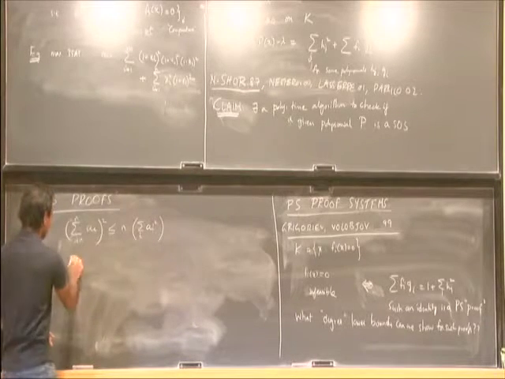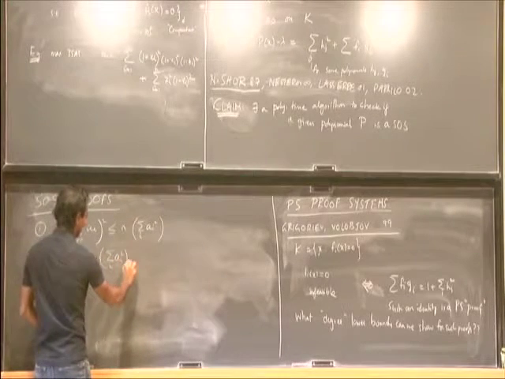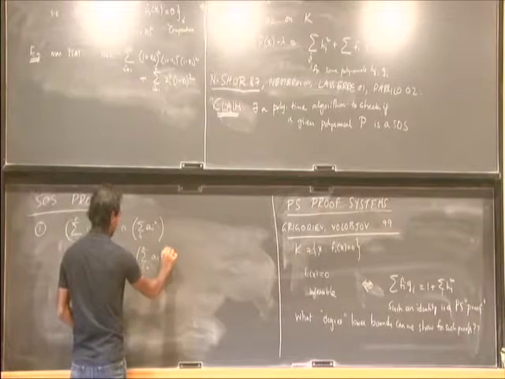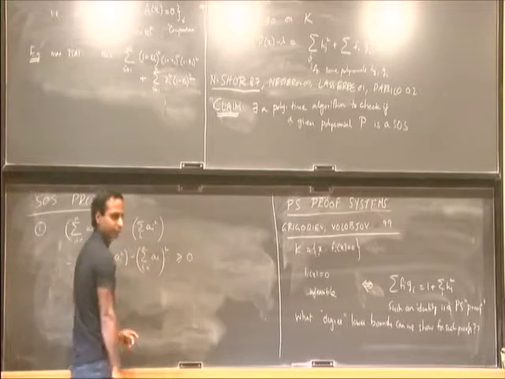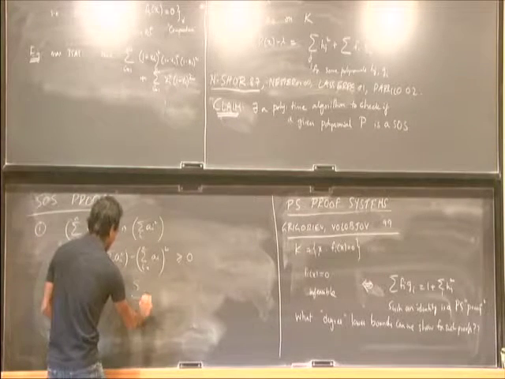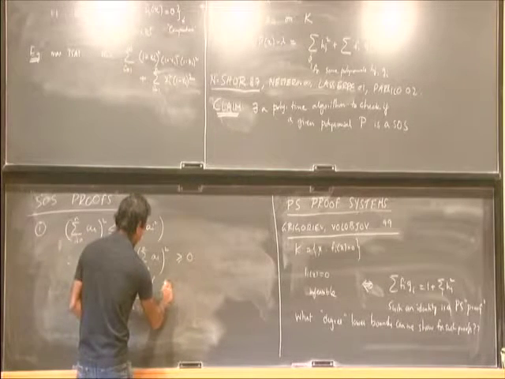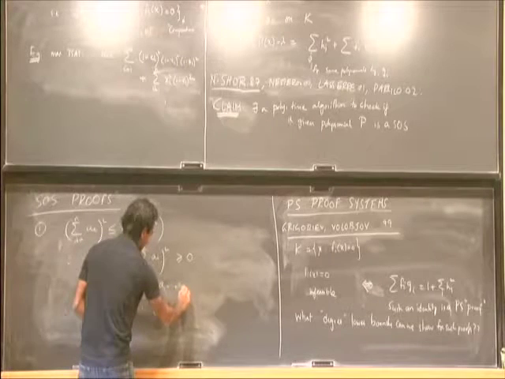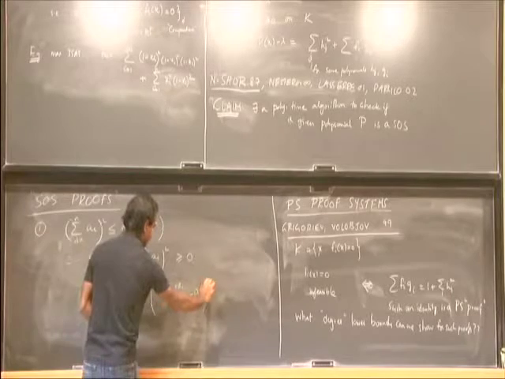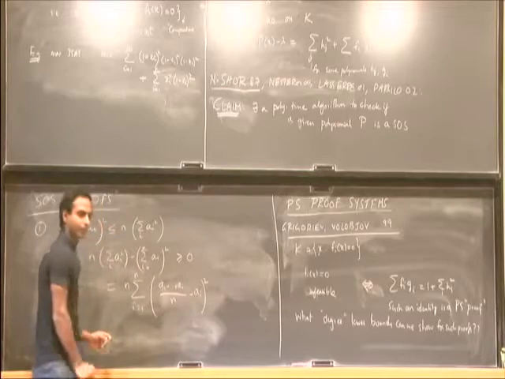What do I mean by this? This is equivalent to saying that this polynomial is non-negative, right? And why is that? In fact, you can write this as a summation of squares.